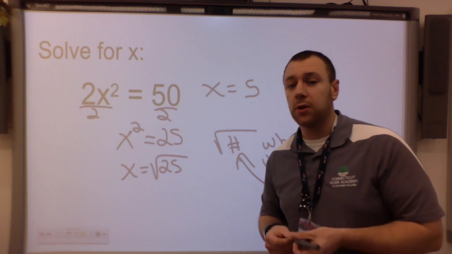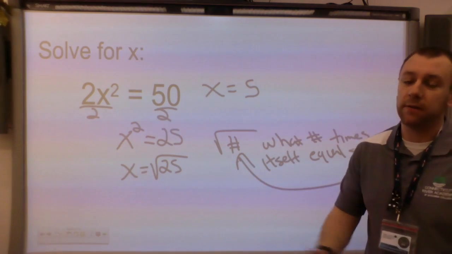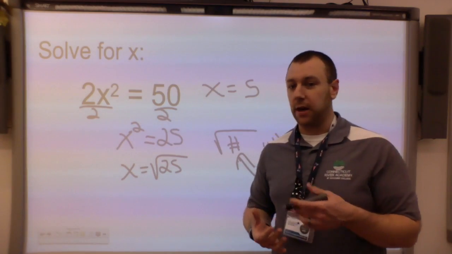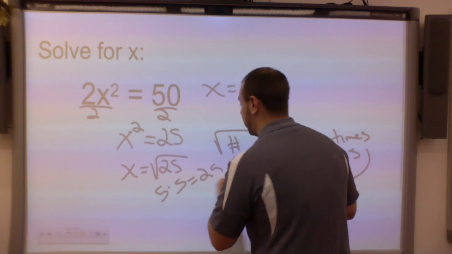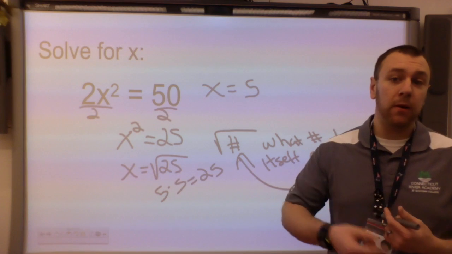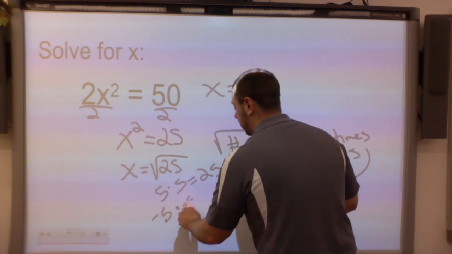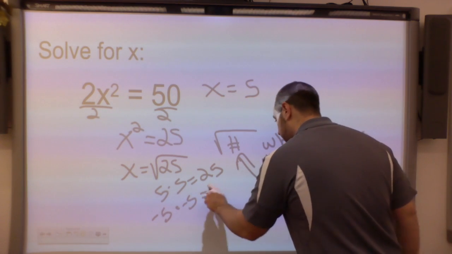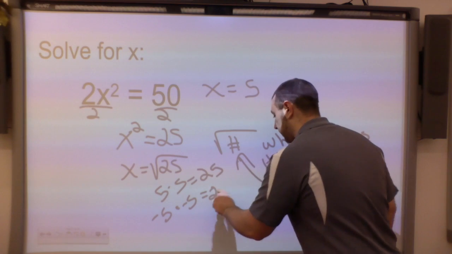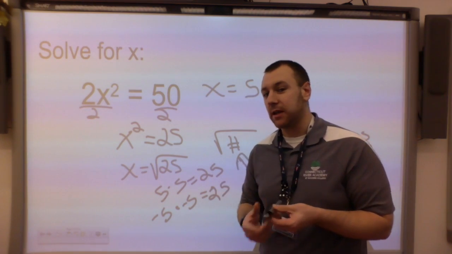So in this case, 5 times 5 is 25, but you're only half correct there. Yes, 5 times 5 is 25, but we have to account for also the negative 5 times the negative 5, because a negative times a negative is a positive. So that is also 25. So there are two answers, and that's the big key with this.